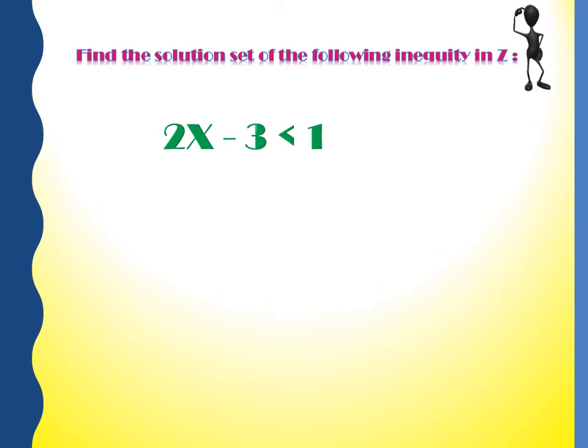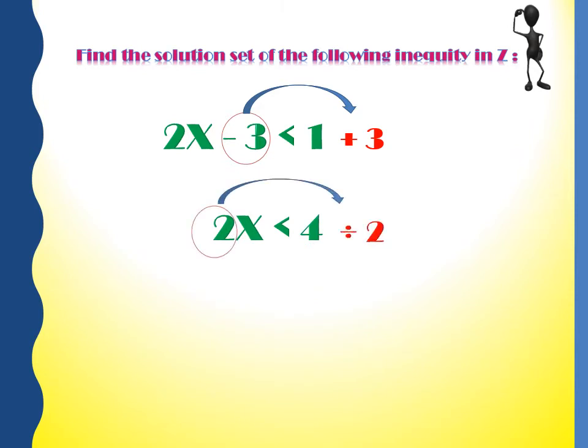Here to find the solution set of the inequality in the set of integers Z, let's circle this negative 3, throw it to the other side plus 3, then 2x smaller than 4, circle this 2, throw it to the other side by dividing, then x smaller than 2.